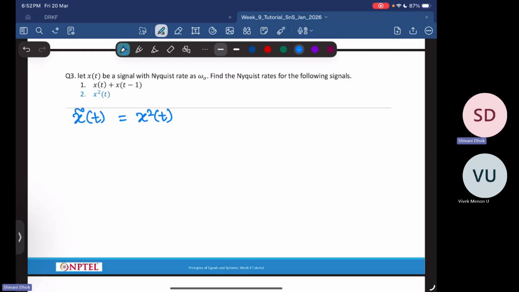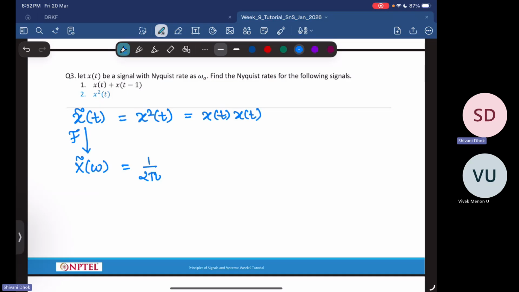Now again let's look at the Fourier transform of this signal. So let's say we take the Fourier transform of this signal, that will give me x tilde of omega. That will be basically 1 over 2 pi. So this x square of t is basically multiplication of x of t with itself.